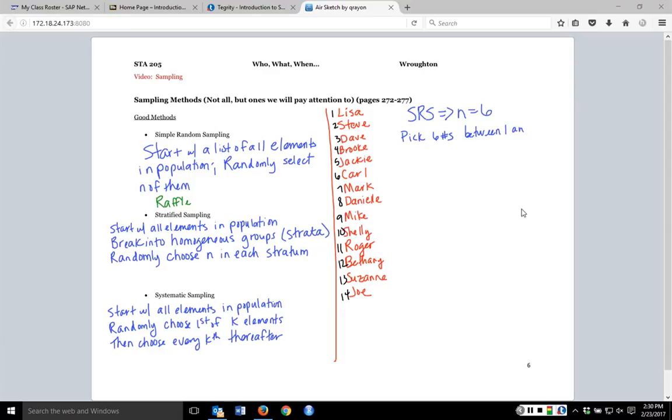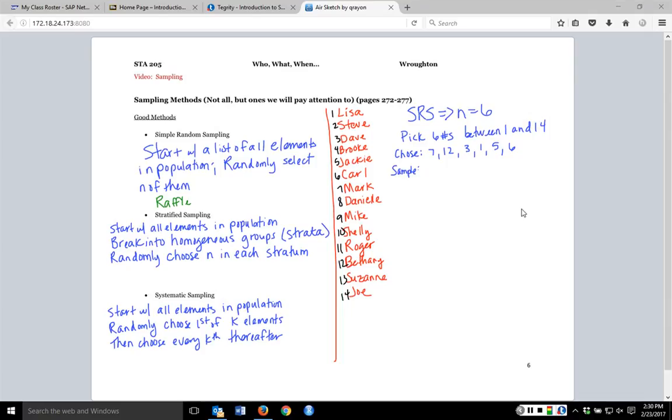I'm not going to select the same number more than once. So for my simple random sample, I use a calculator just to randomly generate some numbers for me. It shows elements 7, 12, 3, 1, 5, and 6. So then that's going to be who my sample is.